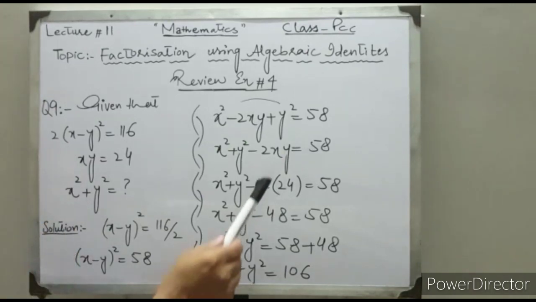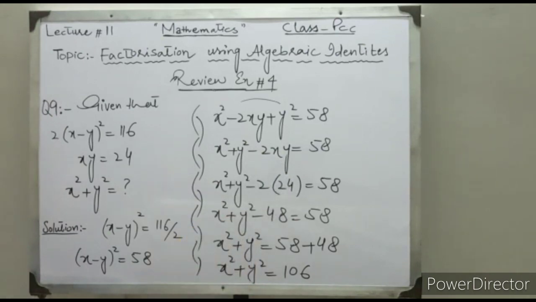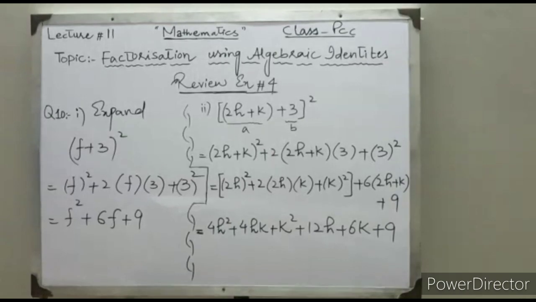Just substitute the value of xy here. Multiply 2 with 24, we will get 48. When we transfer this 48 to the other side, the sign will change. This negative sign will change to positive. Just add 58 plus 48. We will get the final answer, which is 106.